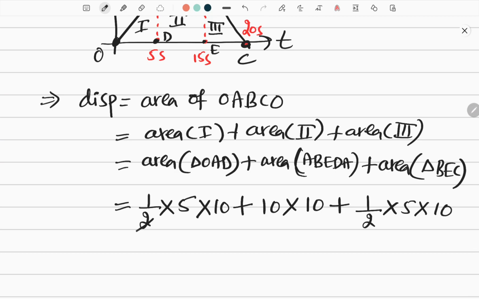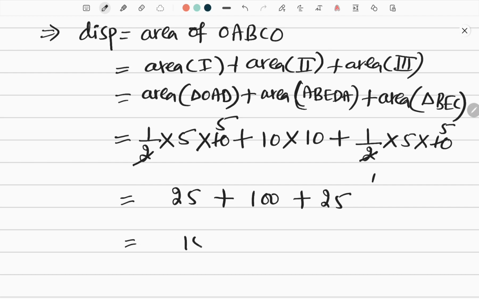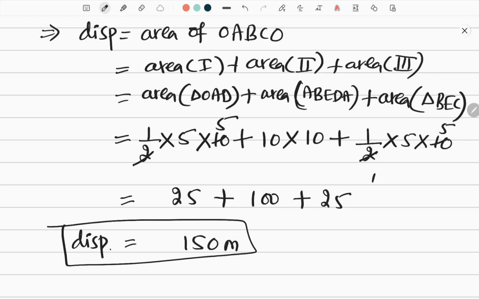Now, half of 10 is 5, so 5 into 5 is 25, plus 10 into 10, that is 100, plus again 5 into 5 is 25. Altogether it is going to be 150 meter. So the displacement has to be 150 meter.